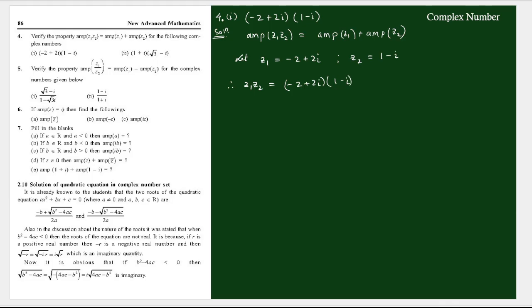This is exactly how we prove the property. I think this is property 2. Now you do the multiplication. Minus 2 into 1 is minus 2, minus minus plus 2i, plus 2i into 1 is 2i, minus i square becomes plus 2, and minus 2 plus 2 becomes 0.